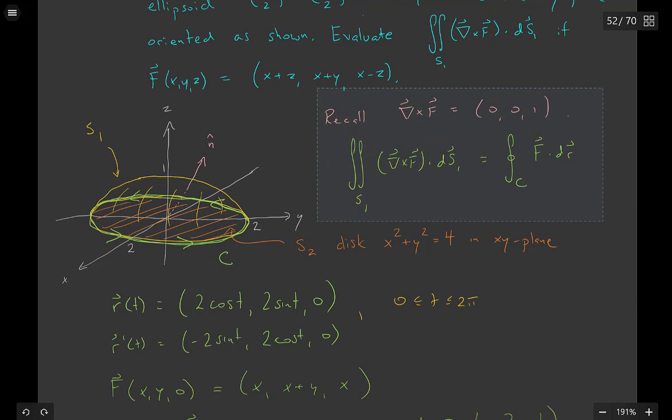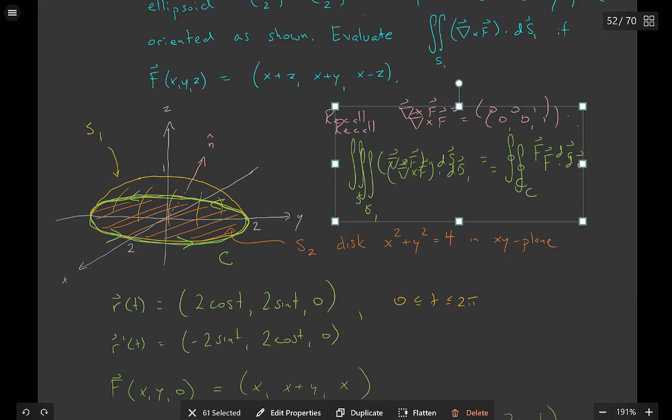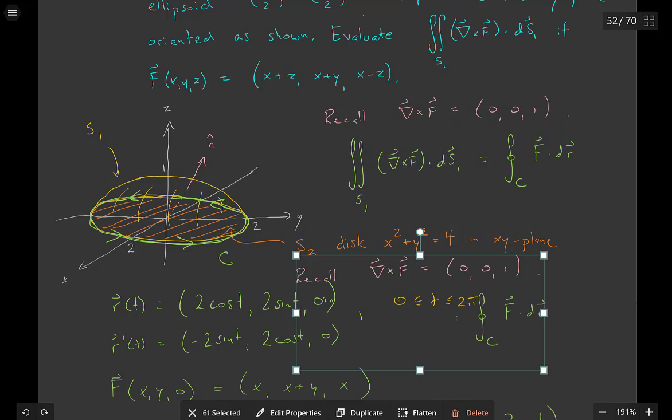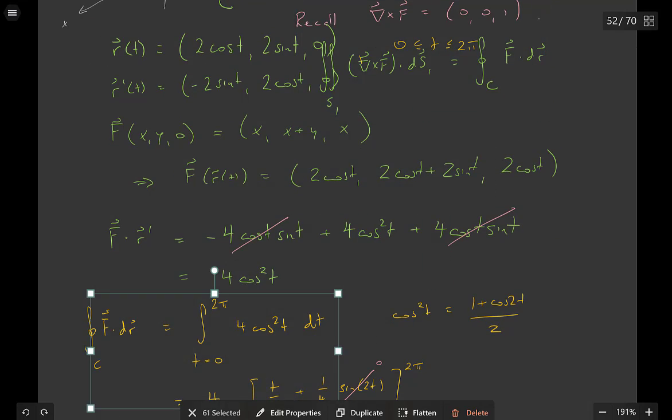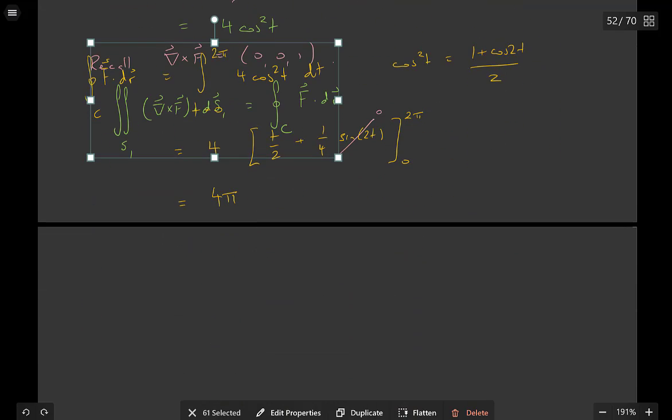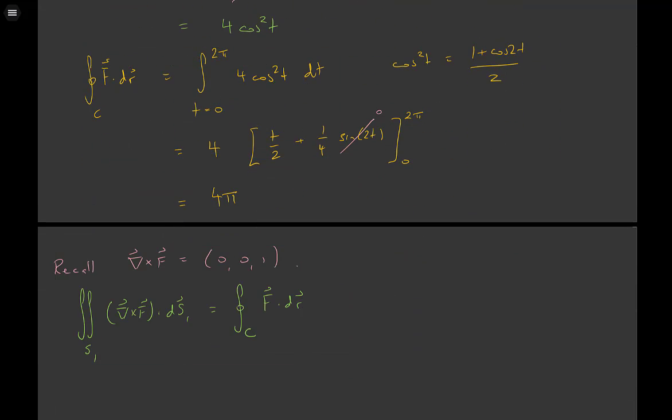So I started off with this Stokes theorem relation, relating my surface integral to the boundary curve. Let's bring this down here. And I solved this problem originally by relating that surface integral to the line integral here of f around the curve C. But since S1 and S2 both have C as a boundary, it should be true that that line integral is equal to the surface integral over S2 as well.